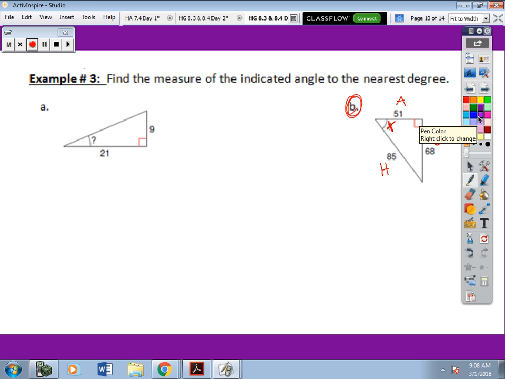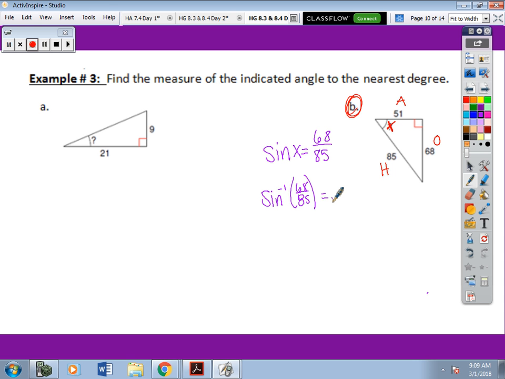Again, you only need 2 of those. So some students just like to cover up, I don't know, the hypotenuse, or just cover up the leg and just use those. But you can actually do any of them. So you could do sine equals opposite over hypotenuse. And then you would do inverse sine of 68 over 85. And you'll get your answer.